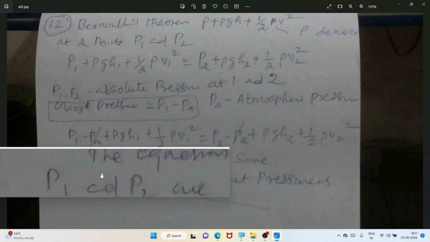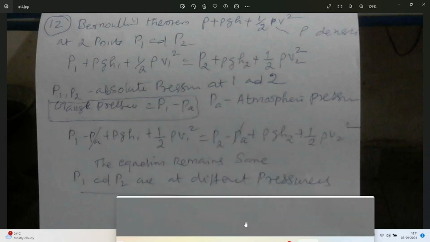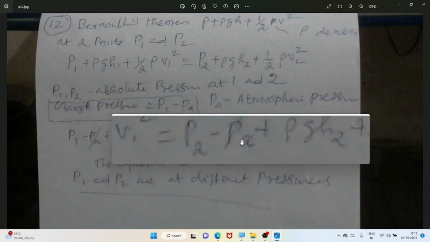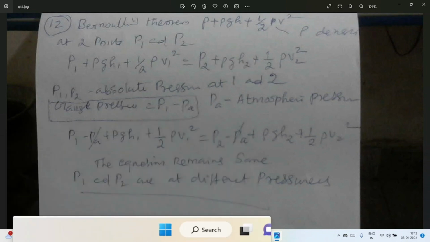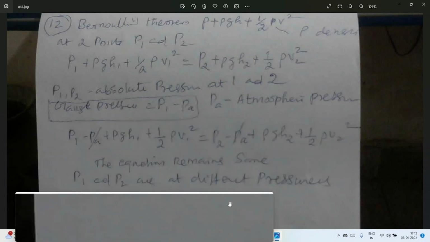If we use the gauge pressure, these terms will cancel out: absolute pressure minus atmospheric pressure. This side also has the same thing, so that will cancel out. So it does not matter whether you use absolute pressure or gauge pressure, but these two points should be at different pressures, P1 and P2.